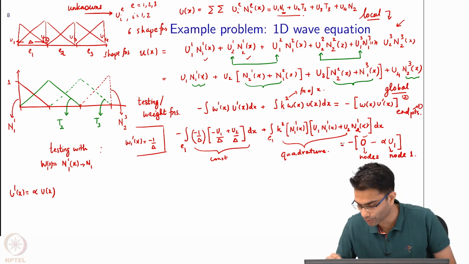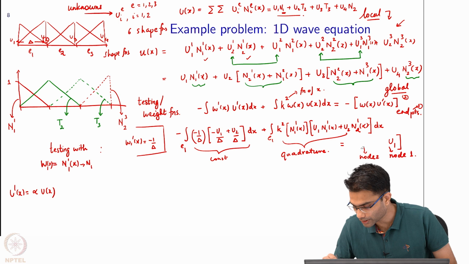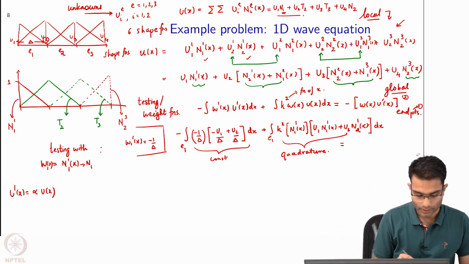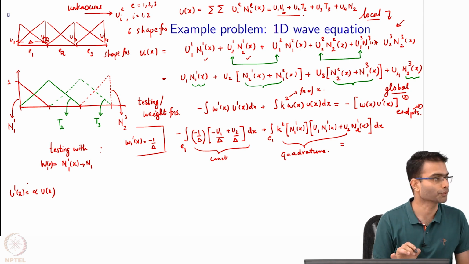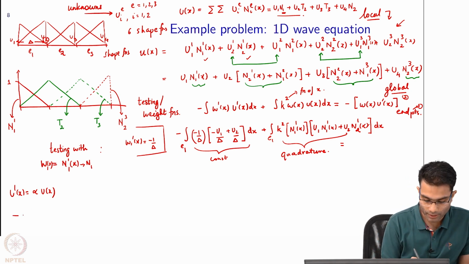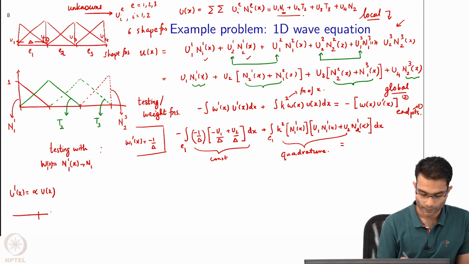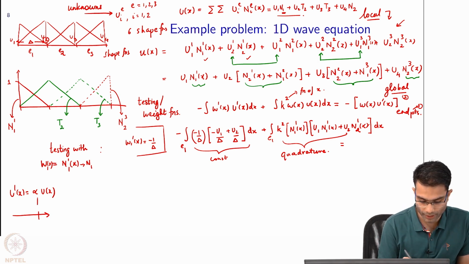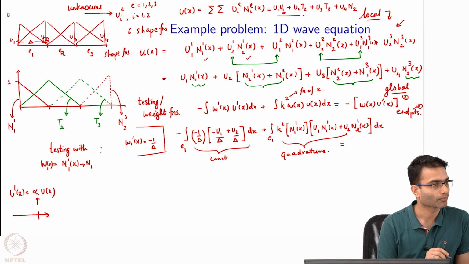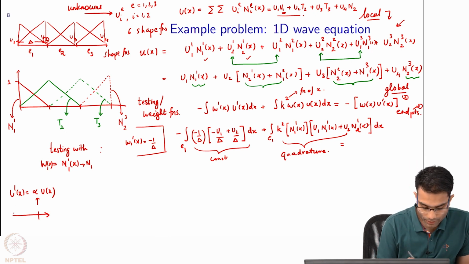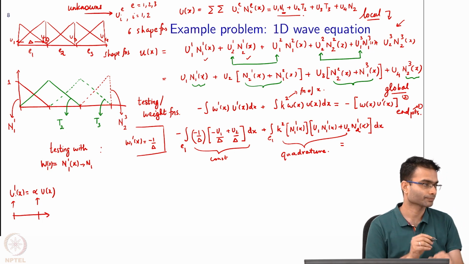So let us look into that modification before we go further. The intuition of this boundary condition is correct. So what is this saying? Let us say this is the boundary, the wave is going in this direction, and at this point I am imposing this boundary condition. Similarly, at the left boundary, same thing is happening, I am imposing this boundary condition.